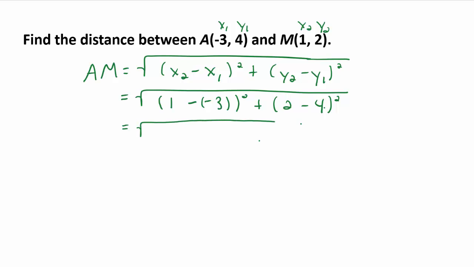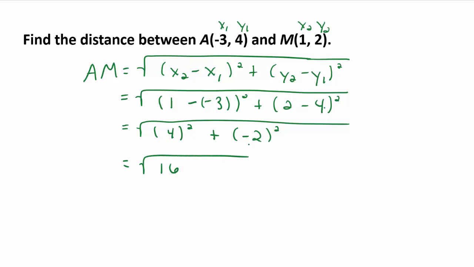And if we continue now with the math, 1 minus a -3, which is the same thing as 1 plus 3, it's going to be 4 squared, plus 2 minus 4, which is going to be -2 squared. 4 squared is going to be 16. -2 squared is going to be 4, which gives us the square root of 20, approximately 4.47.